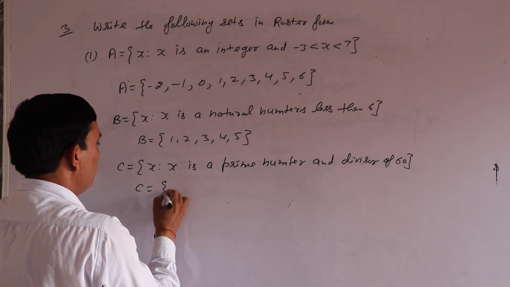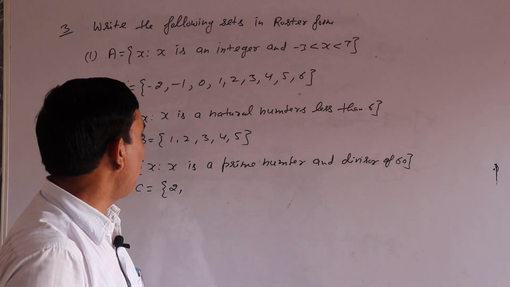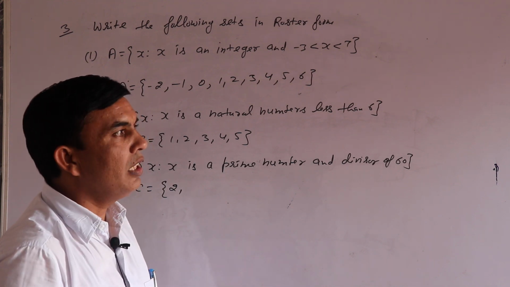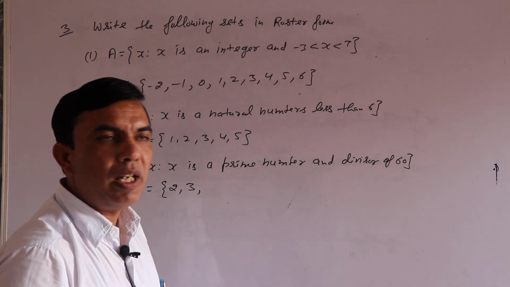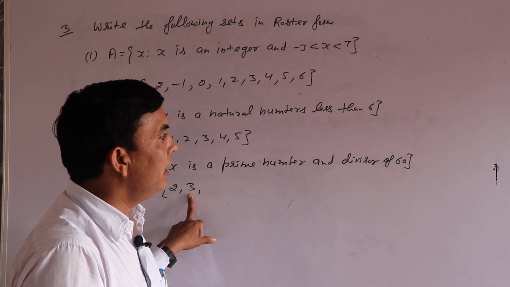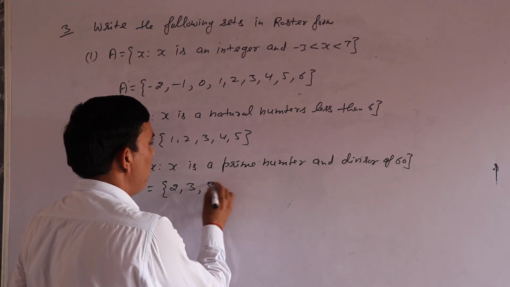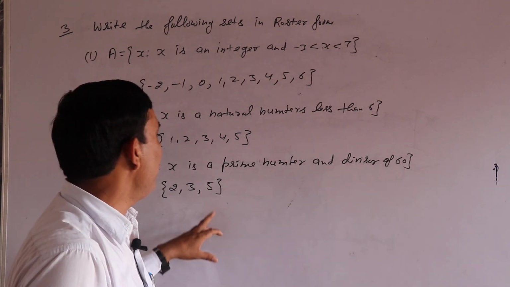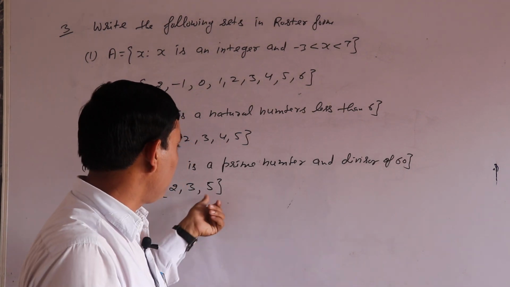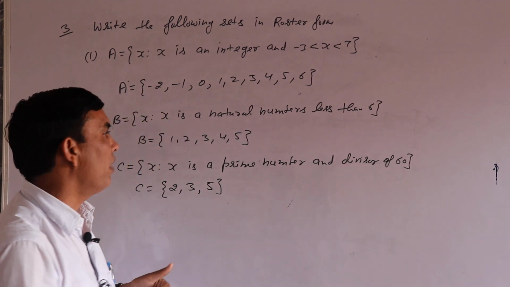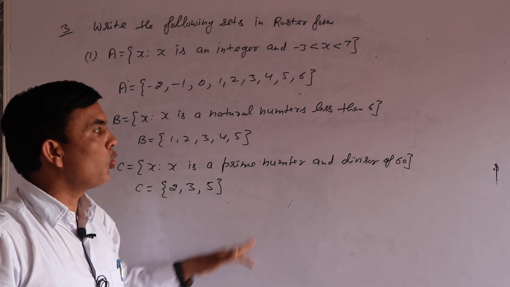So C equals: 2 is a prime number, so we can write 2, and 60 is divisible by 2. Next, 3 is a prime number, so we can write 3, and 60 is divisible by 3. Next, prime number 5. So we can write 5, and when we divide 60 by 5, it satisfies the given condition. So in this way, we can write the following sets in roster form.